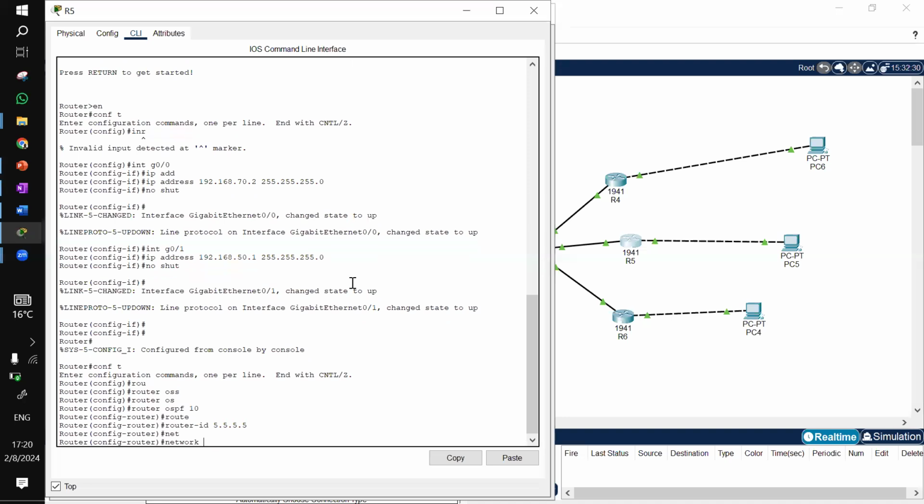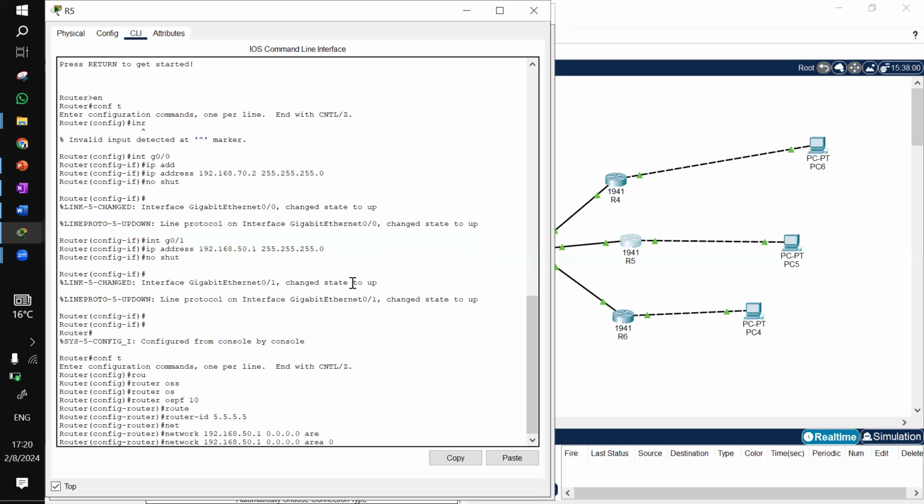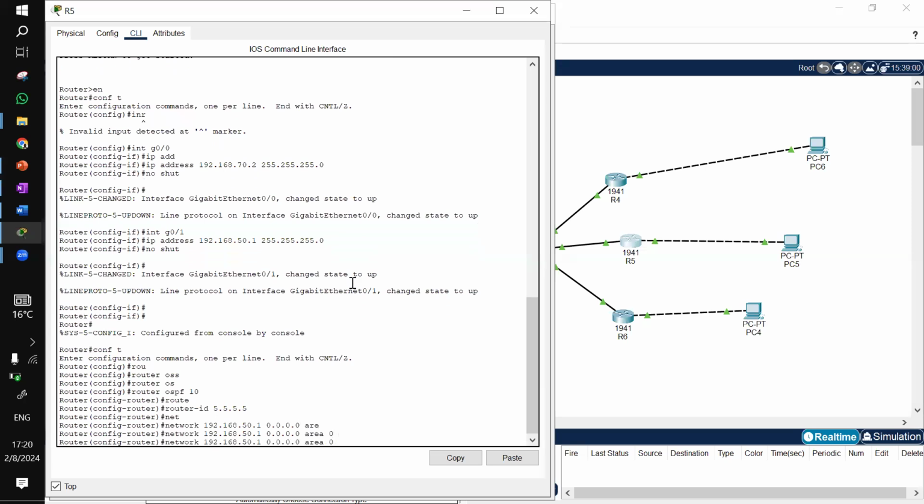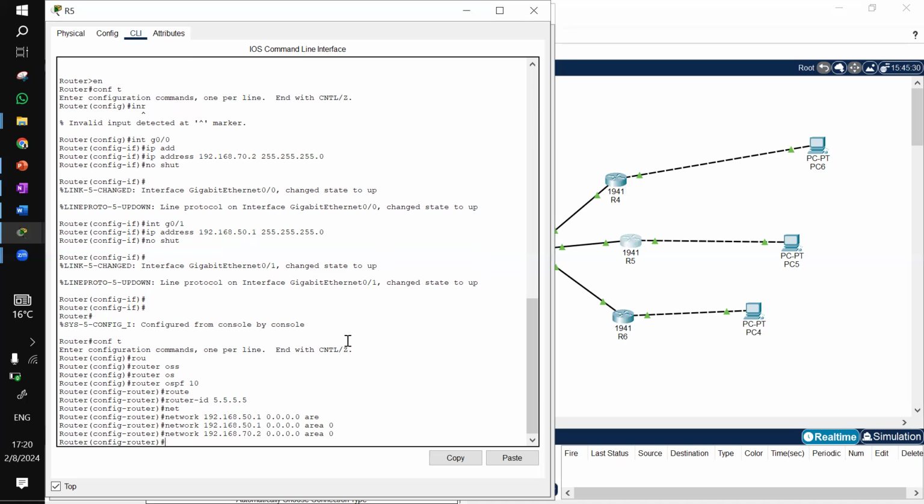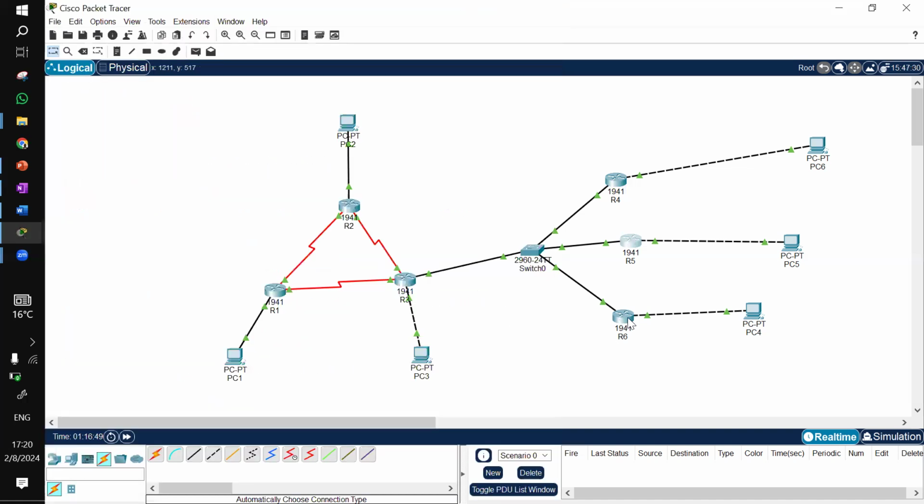So I have interface 192.168, that's 50.1, quad 0, area 0. Let's see the other one, 192.168.70. It should be .2, .2.70. And the other one is 3. This one is done.